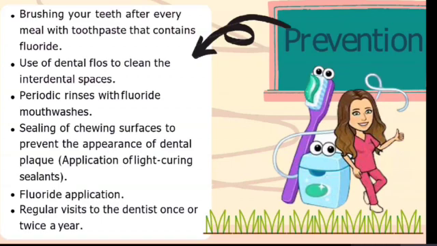Periodic rinses with fluoride mouthwashes. Sealing of chewing surfaces to prevent the appearance of dental plaque. Application of a light-cured sealant is the most important method to prevent caries in kids 6 or 7 years old. Fluoride application, and regular visits to the dentist once or twice a year.